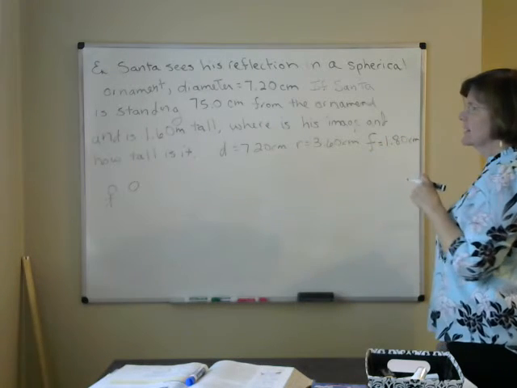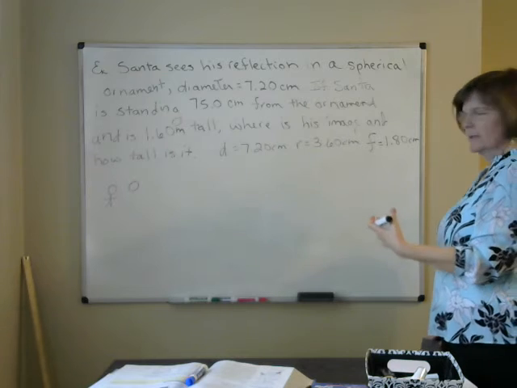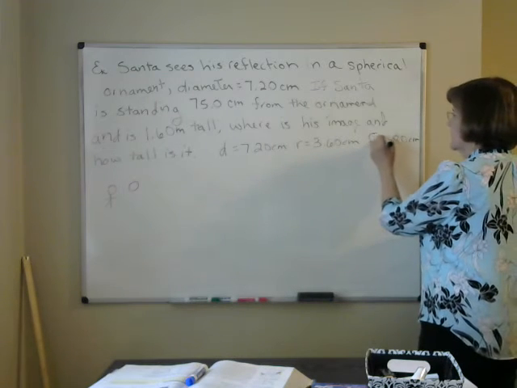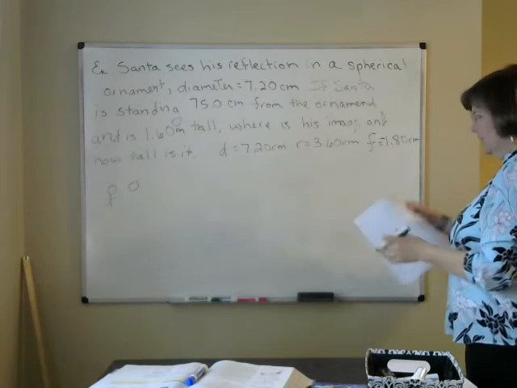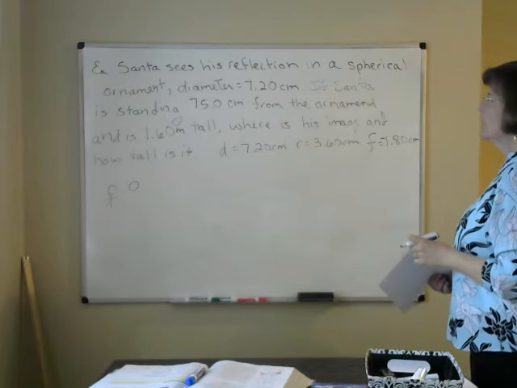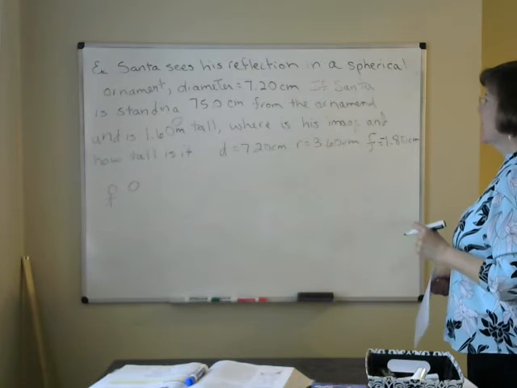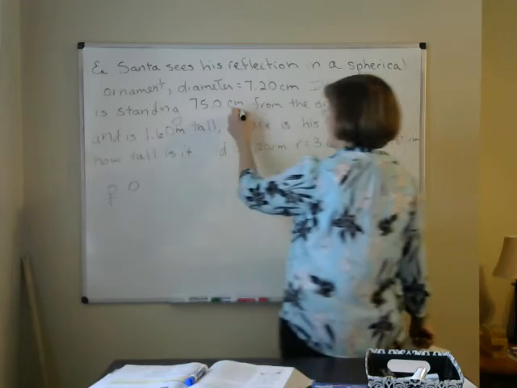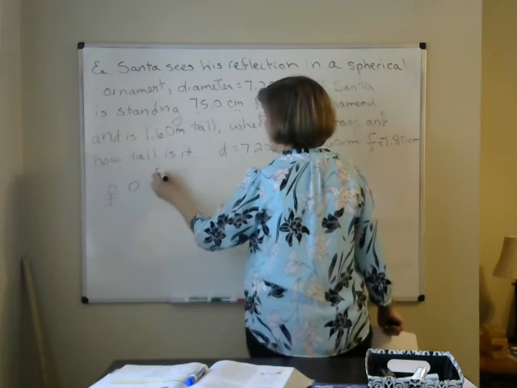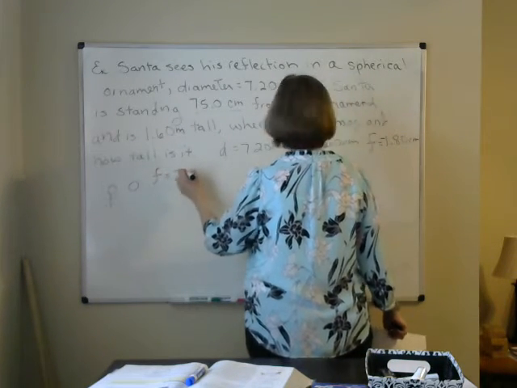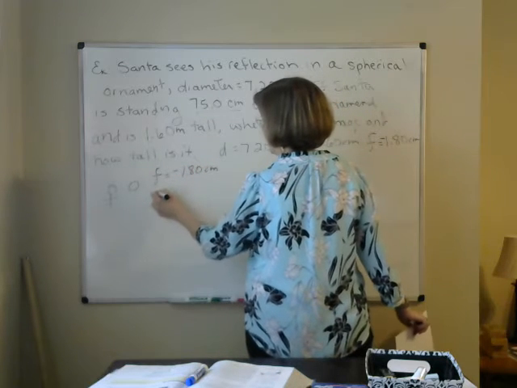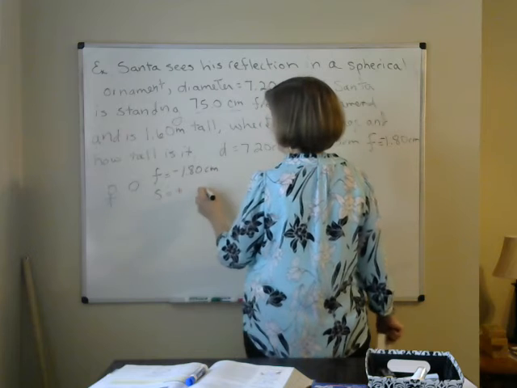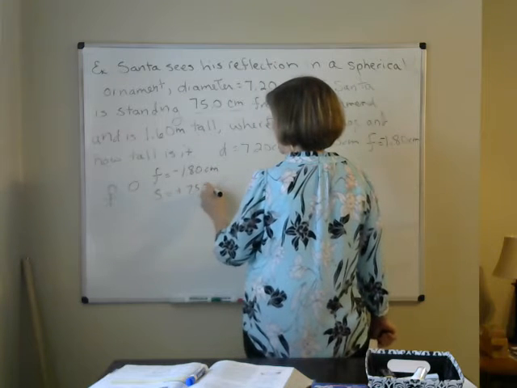But this is a convex mirror, okay? So our focal length is going to actually be negative 1.8, okay? We know where the object is located. That's his object. So we've got F equals negative 1.8 centimeters, and we've got S equals positive 75 centimeters.